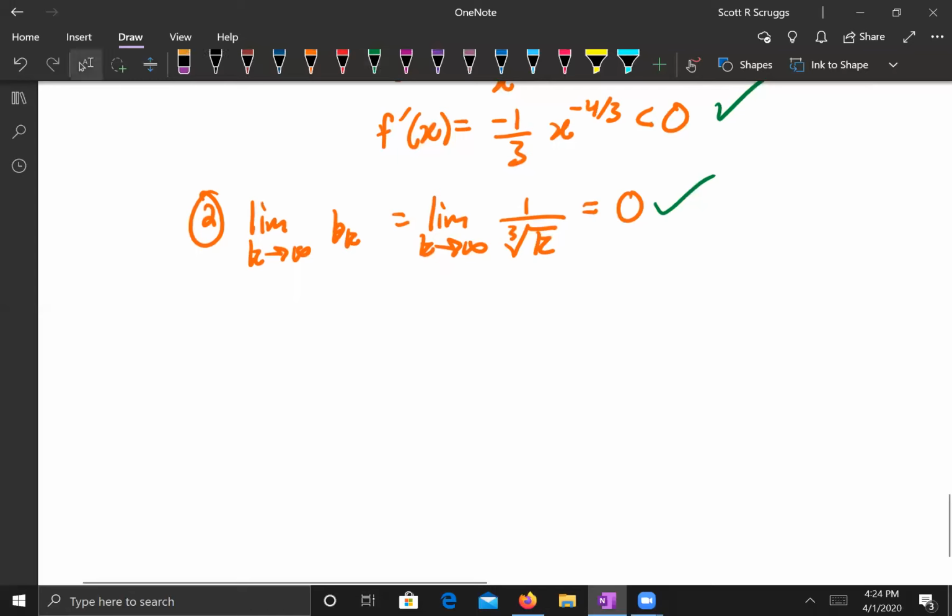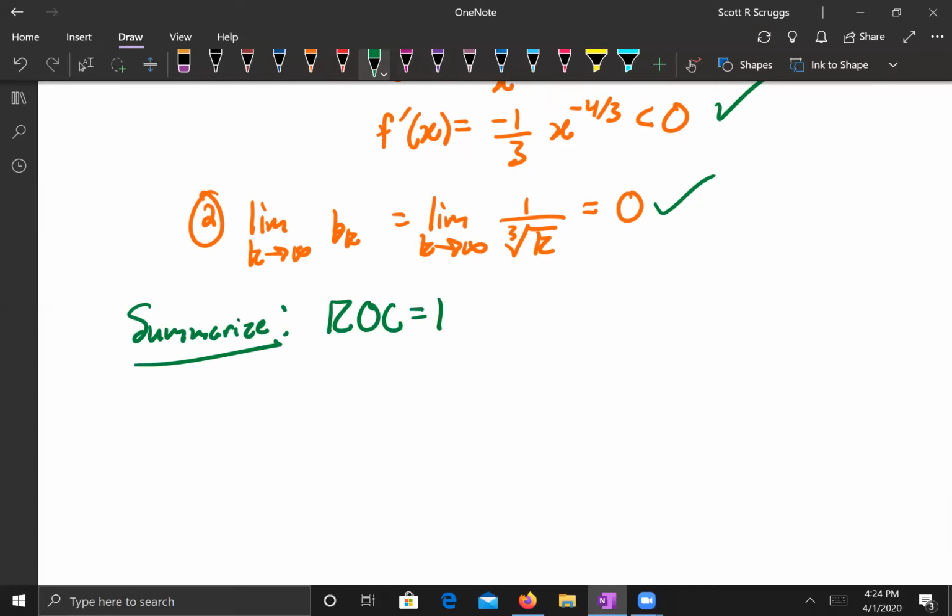So as an answer to summarize, Anthony, let's go ahead and summarize. Radius of convergence was 1. We found that the interval of convergence was negative 1 to 1, where my center was 0.